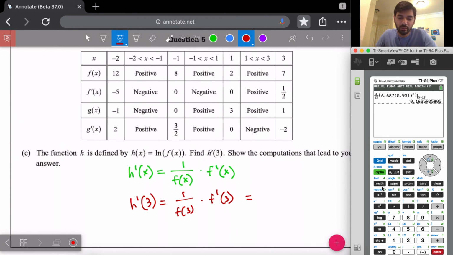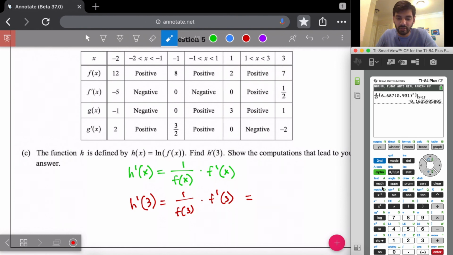So now I need to go into the table and pull these values. So f of 3 I need to locate somewhere up in this table. And I know it shows these intervals in here. Those were used for other parts of this problem. So if you want to go work the rest of this problem, you'll have to use some of these other columns where it says positive, negative, increase, decrease, all that kind of stuff. Right here, we're just interested in the value of f of 3. So here's the f row, and here's 3.